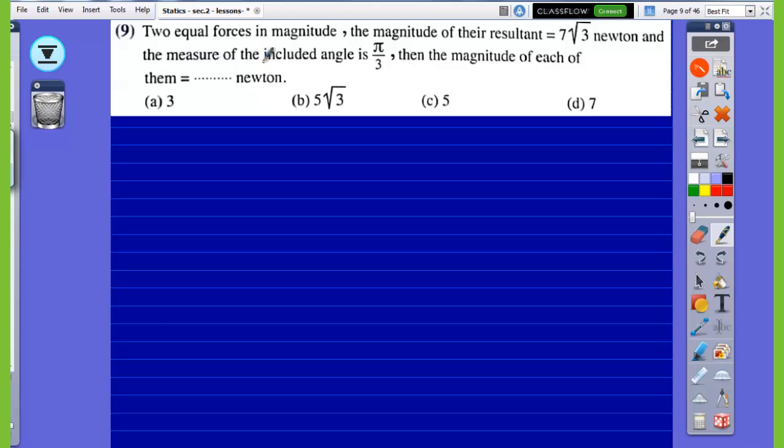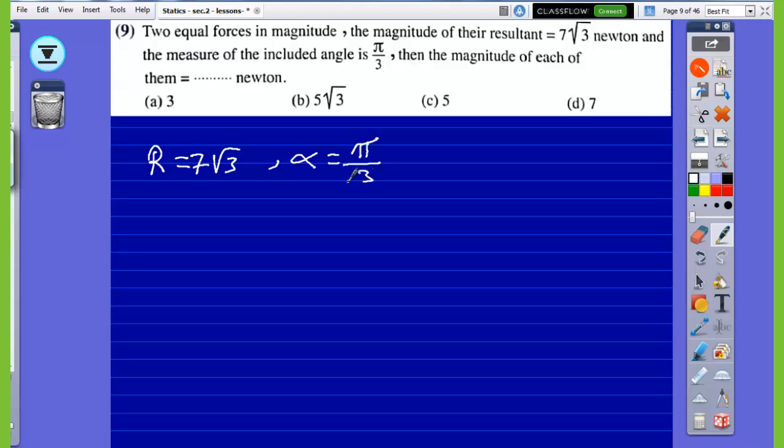Two equal forces in magnitude. The magnitude of their resultant is 7 root 3. So we have R equals 7 root 3, and the measure of the included angle is pi over 3, and alpha equals pi over 3.